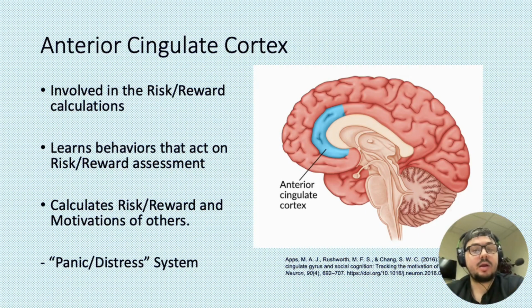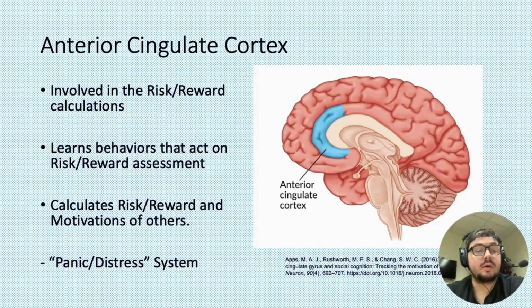Another area involved in facilitating emotions is the anterior cingulate cortex. This area is also involved in risk-reward calculation. It learns behaviors that act on risk-reward assessment, and calculates risk-reward and the motivations of others.